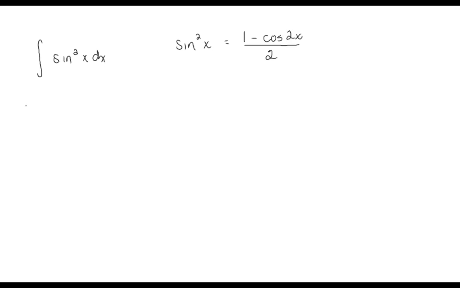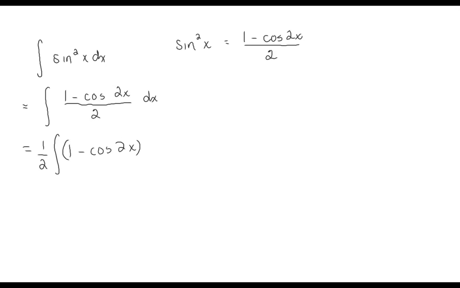We're going to say, okay, that's 1 minus the cosine of the double angle, 2 times x, over 2. And the 2 in the bottom is a constant, so I can factor it out. 1/2 integral of 1 minus cosine 2x.